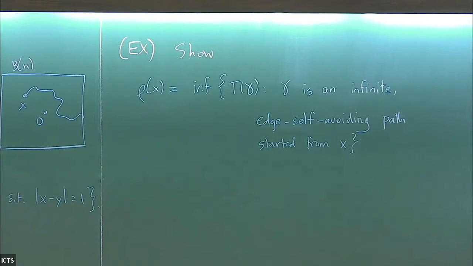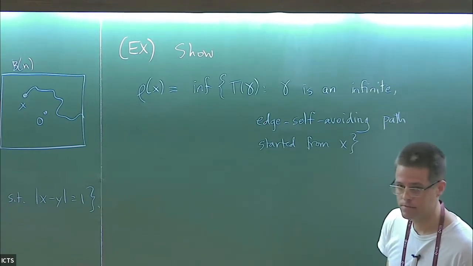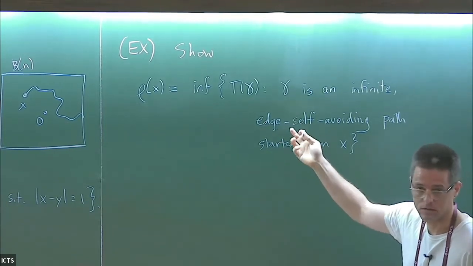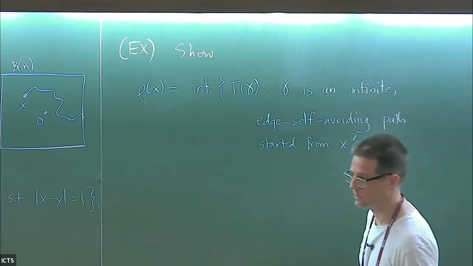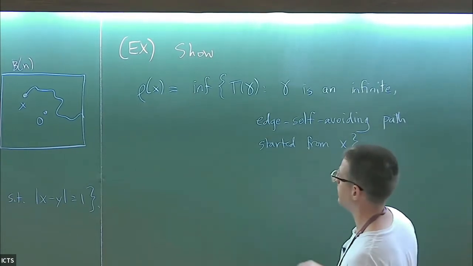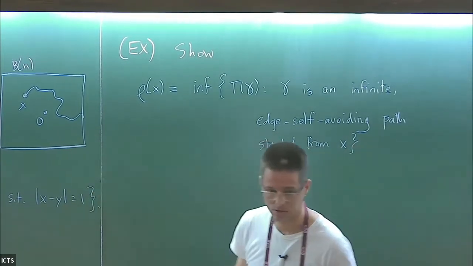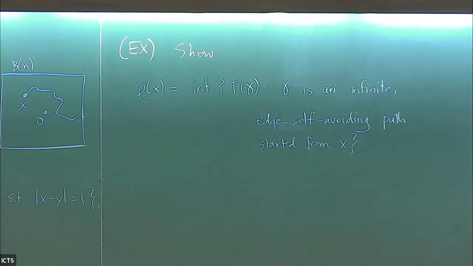Take all paths which start from x, that are infinite, go out to infinity, and take the minimal passage time one. Now, of course, this will often be infinity, but in some cases you'll get a finite limit. Anyway, this is equivalent to this definition over here.